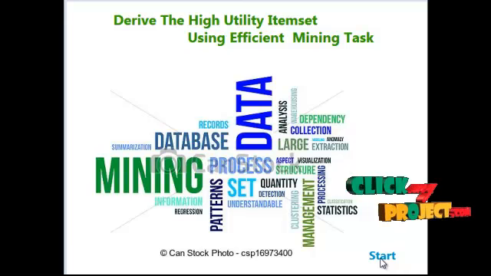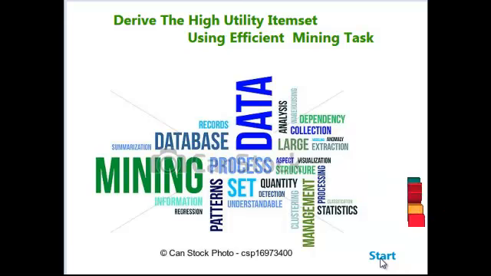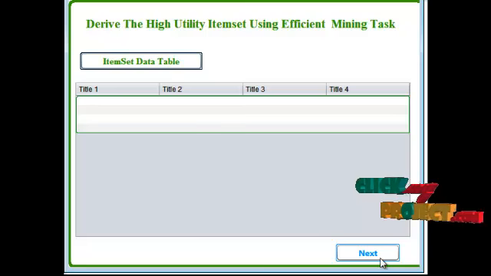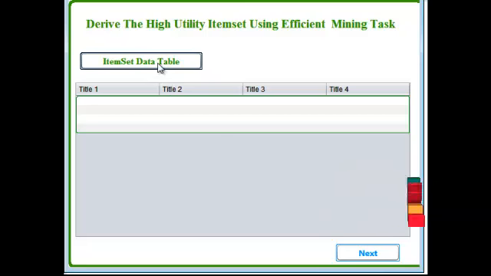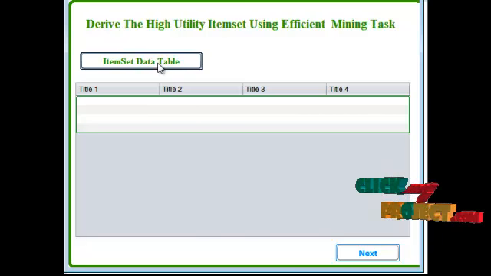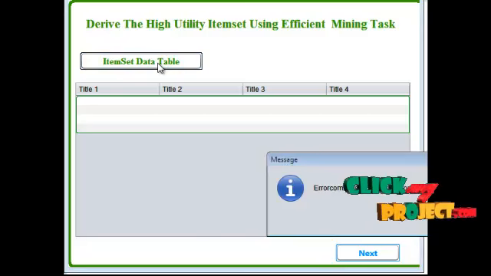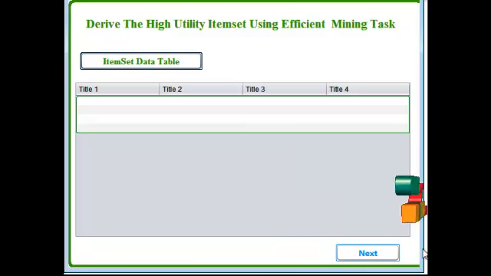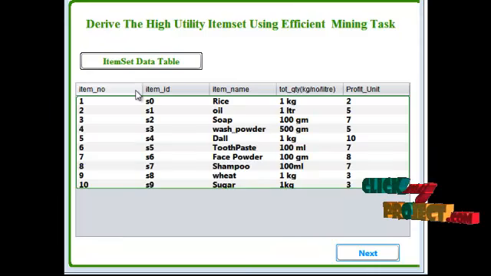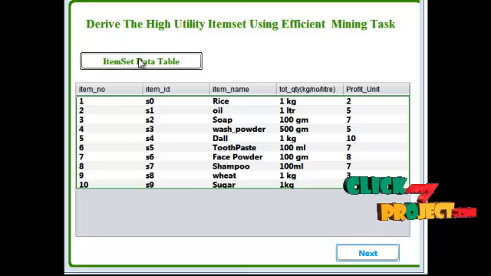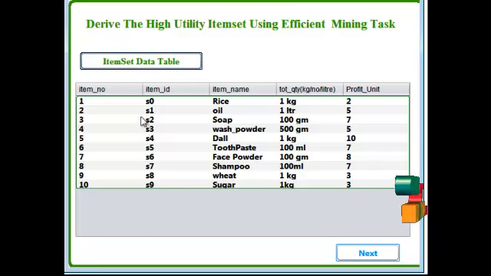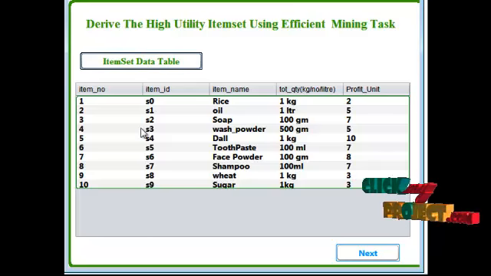In the demo system, now we start the process. Then we extract the information from the data set. When we click the item set data table, we show the 10 finite item sets from the database.